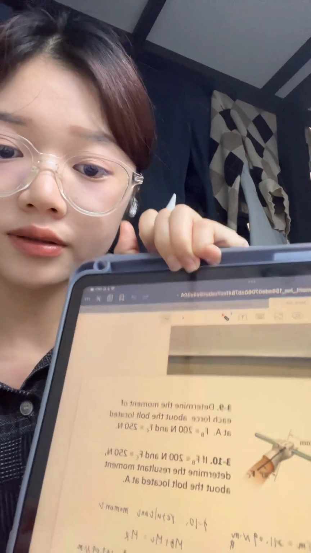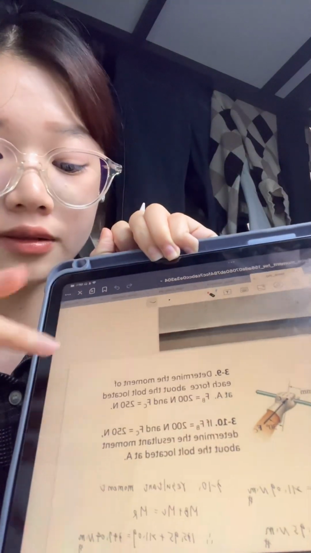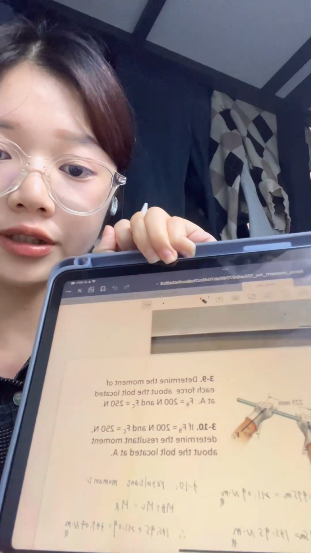Okay. The next question is 3.9 and 3.10, and the same with the screen recording.